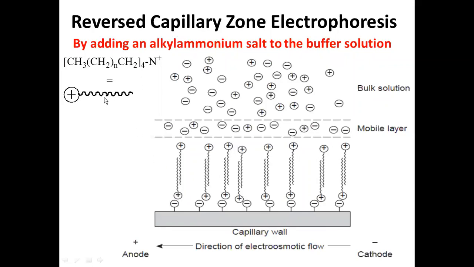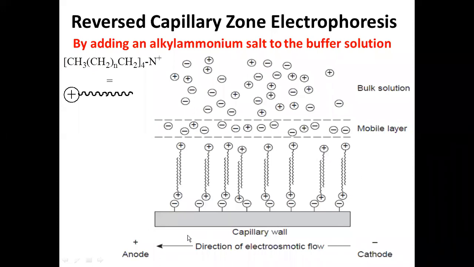The positively charged alkyl ammonium compound is attracted by the negatively charged groups of the capillary wall, so the alkyl chain is pointed outward. These chains are attracted by the alkyl chains of the alkyl ammonium compound from the mobile layer. Therefore, the positively charged species now attract the negatively charged species from the moving solution, and the electrophoretic mobility of the anions becomes greater.